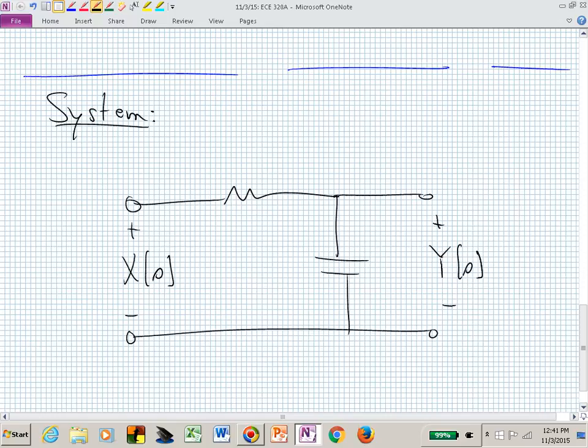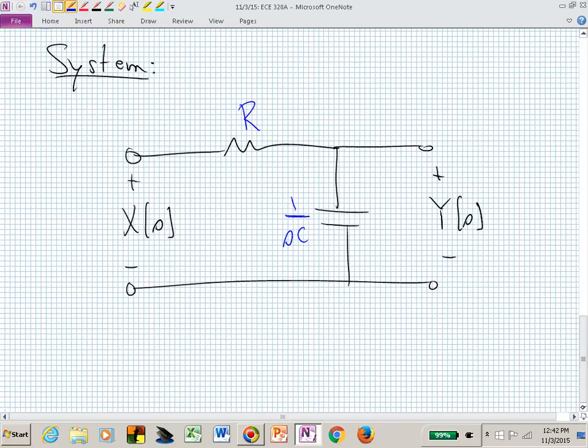And what are the impedances of those two circuit elements? What's the impedance of the resistor? That's whatever it was given as R. What's the impedance of the capacitor? That's 1 over SC.